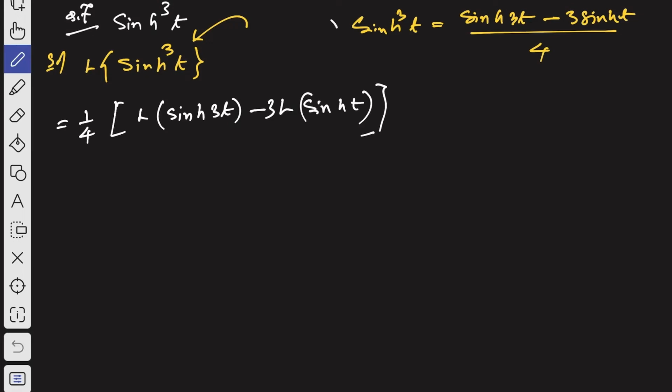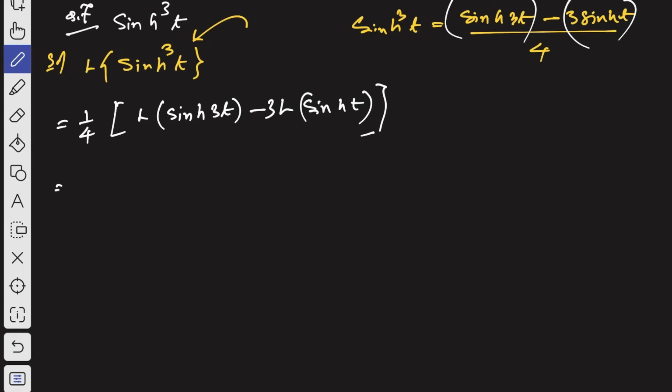You can use this formula here. Then applying the linear property we get this. This is 4, so 1 by 4 is taken outside as a constant, then the Laplace transformation of this and this, right? So hope you have understood this part.